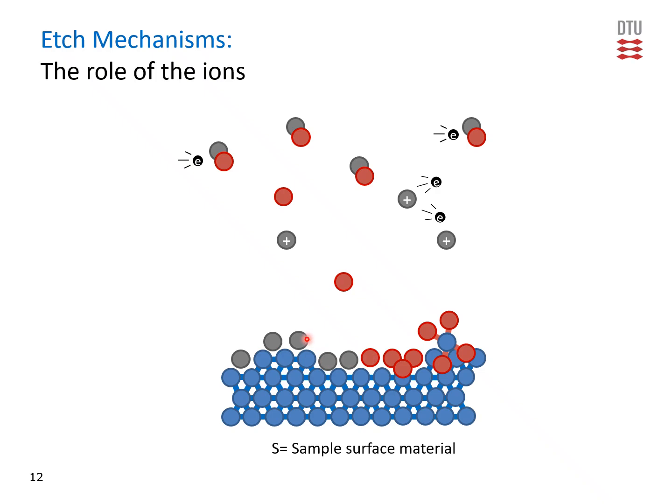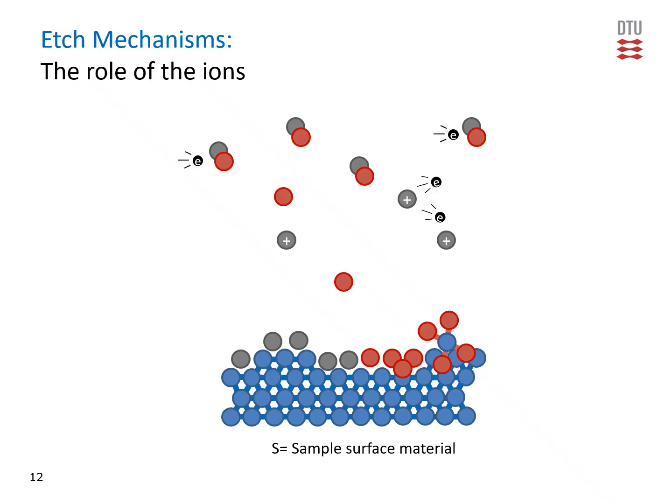Now I've added some gray atoms on the surface, and these are just illustrating any other material that would adsorb on the surface, but that won't form volatile products. In the case where these atoms or molecules cover the whole surface, then you won't have any etching.